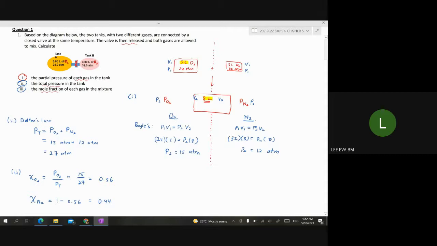The first question, any questions? Are you able to get the answer? Did everyone get the answers? Is the concept okay? Okay, madam. Okay. So we have one more question for Dalton's law before the application. Application, madam will do in the next lesson.